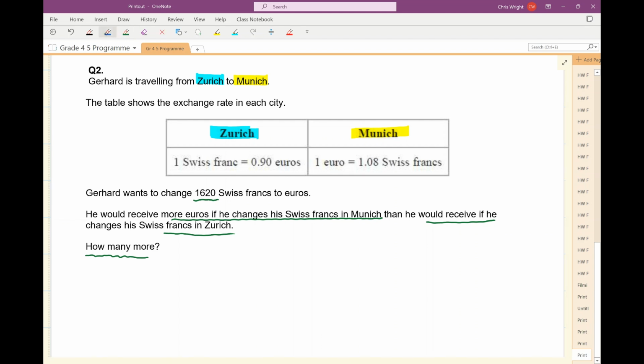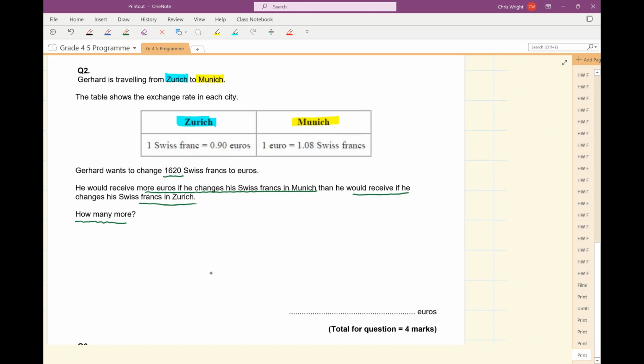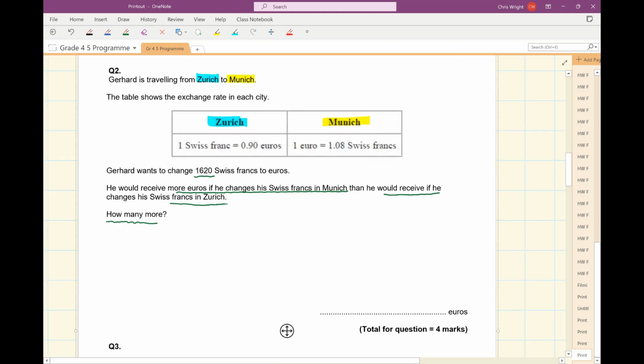Let's work out how many euros he would receive if he did his exchanging in Zurich. In Zurich, 1 Swiss franc gives him 0.9 euros. Now how many Swiss francs has he got?